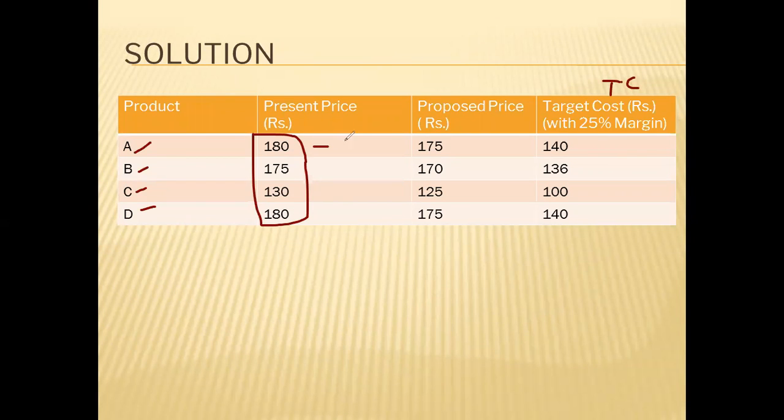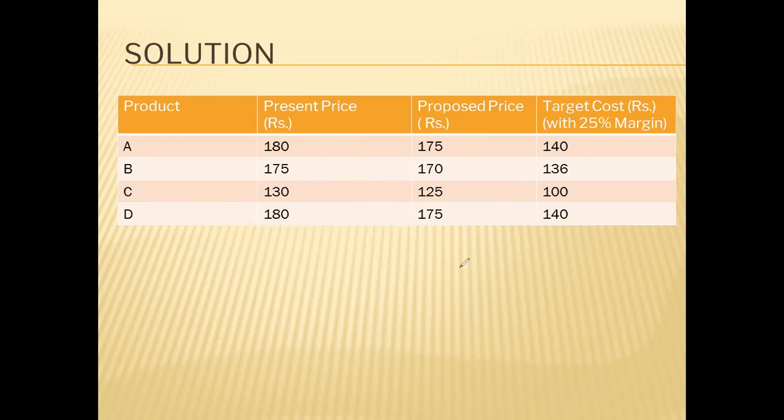The proposed price will be minus 5 on each product's current selling price, because market research says that if the company reduces the price by 5 rupees, it will get bulk orders. So the revised or proposed selling price will be 180 minus 5, 175 for product A, 175 minus 5 for product B, 130 minus 5 for product C, and 180 minus 5 for product D. Clear? This is the proposed selling price.